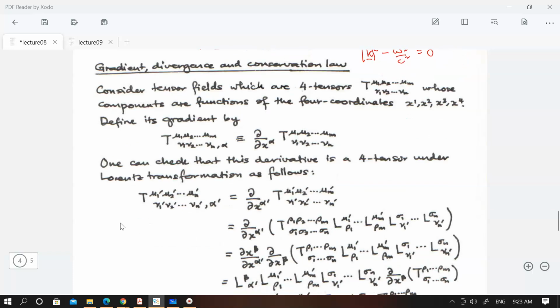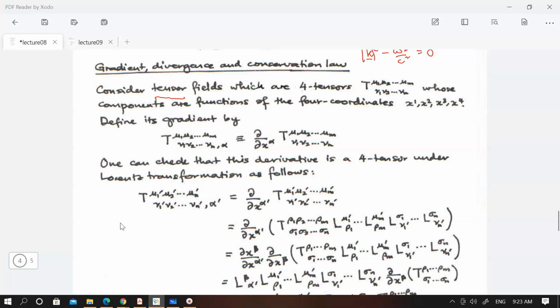One of the things that one should remember is that for the case of fields, all your objects, for example your tensor, will be dependent on your coordinates.